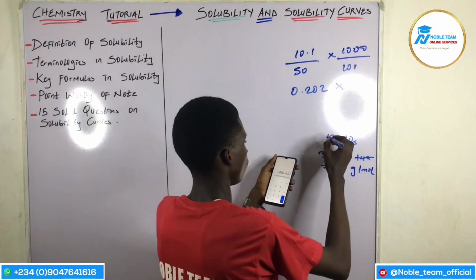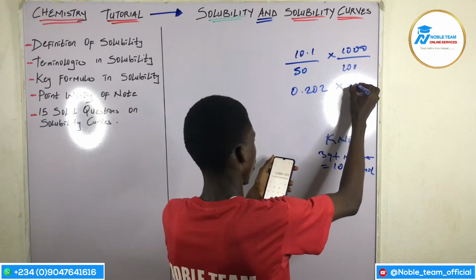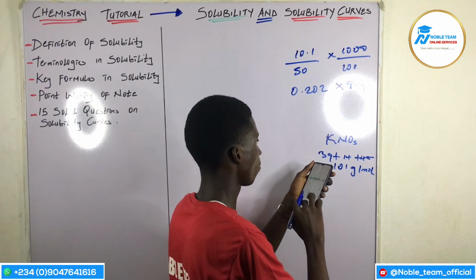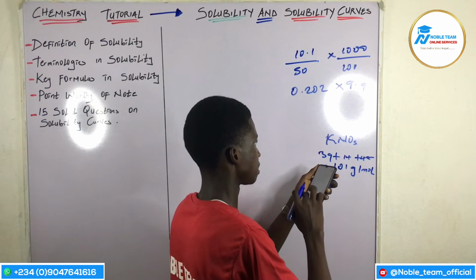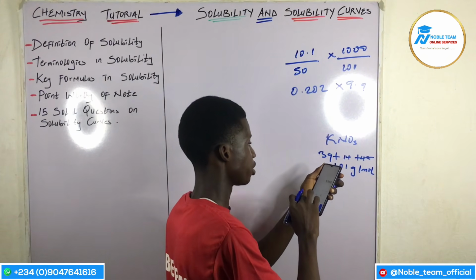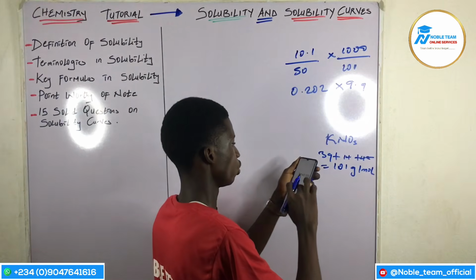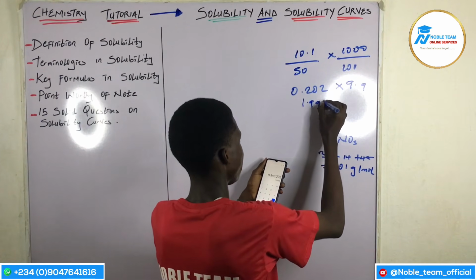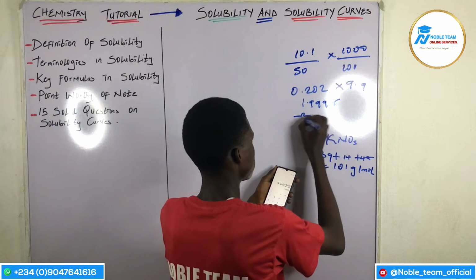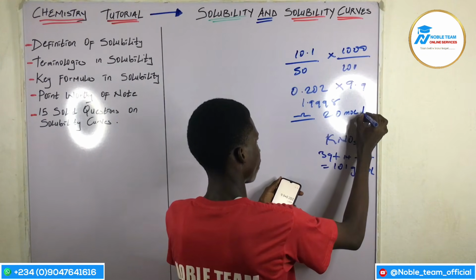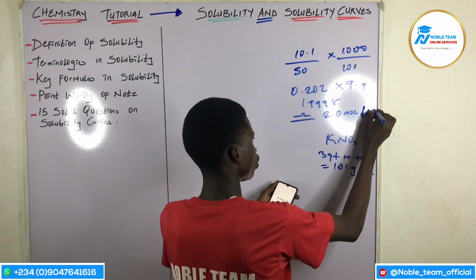That is where we have 9.9 multiplied by 0.202. We have 1.9998, which is approximately 2.0 mole per dm cube.